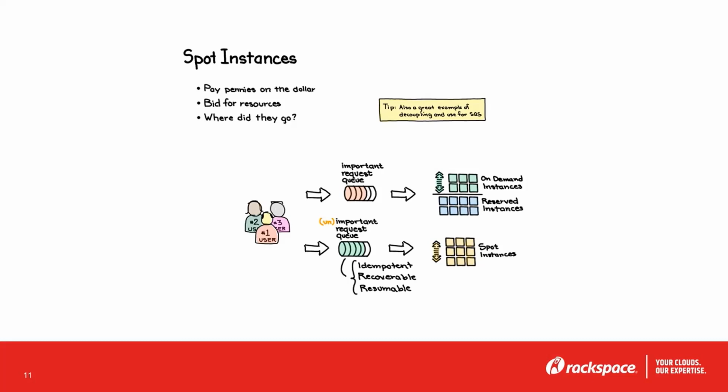So in the example I'm showing on this slide, this is a pretty common one where you have a set of users who are using some particular resource and they're submitting requests to your system. And in the upper track, those requests are queued up, and you have a back-end system that scales based on the depth of that queue.